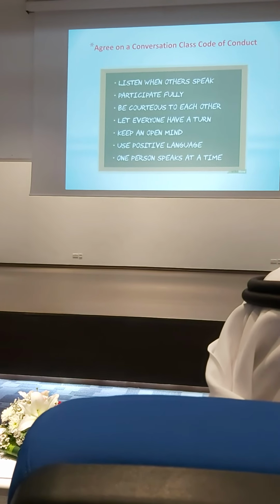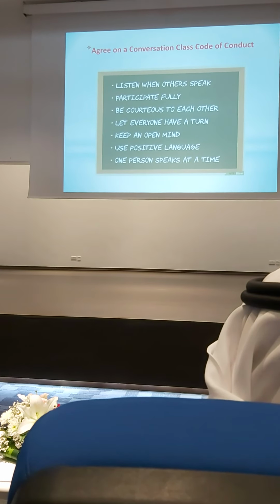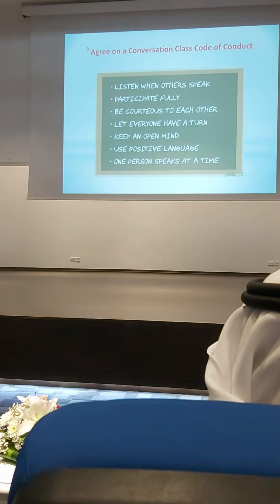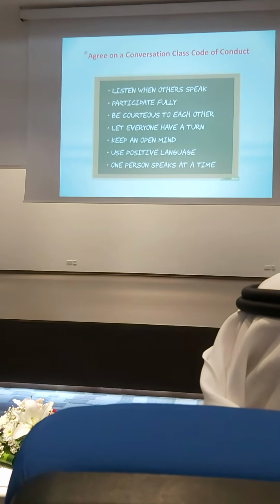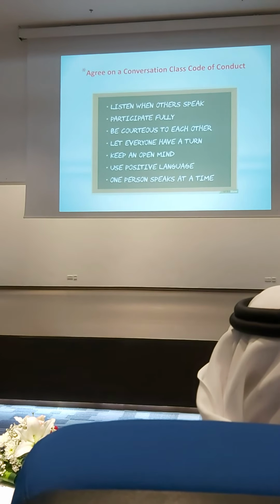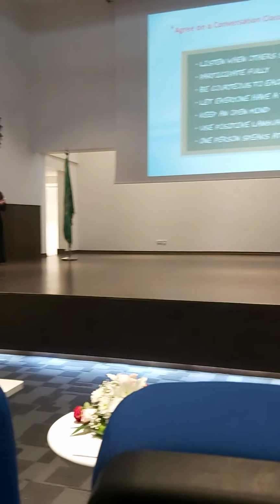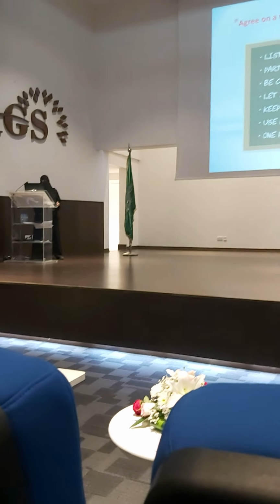Next, we have to agree on a conversation class code of conduct. You see, when you spark up a discussion in class, students sometimes sort of argue with each other, and the discussions can get quite heated.